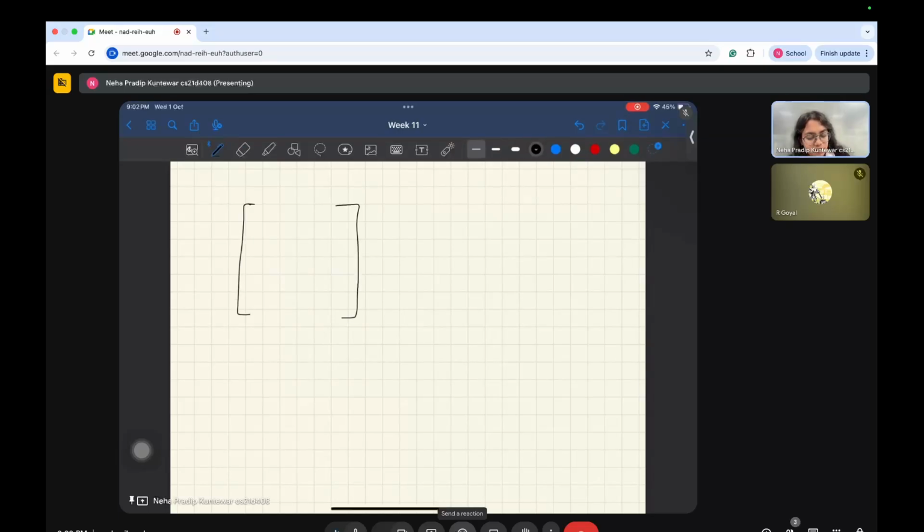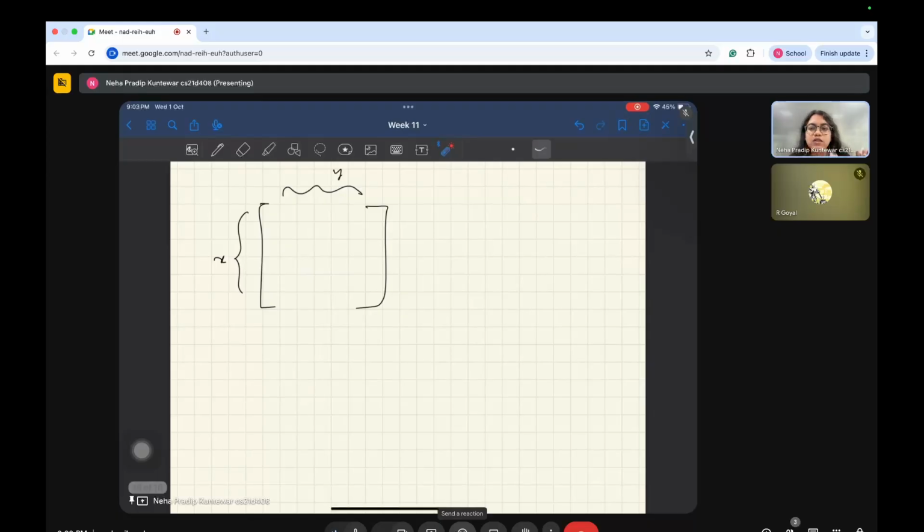So let's say Alice does some communication. These are Alice's strings and these are Bob's strings. Now Bob knows something about X, maybe not directly, but somehow.